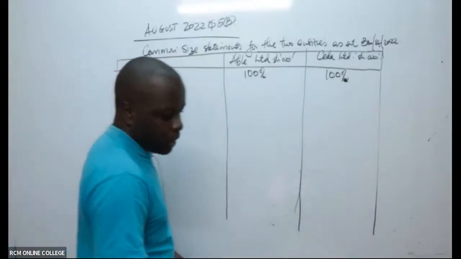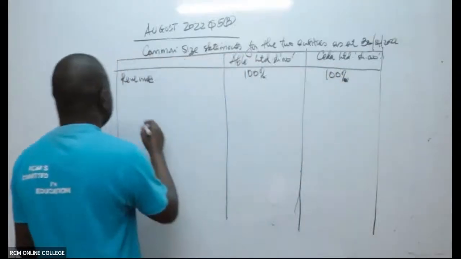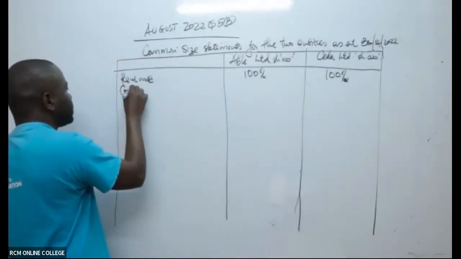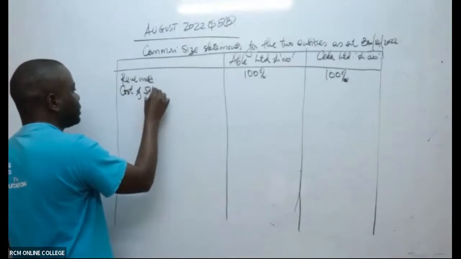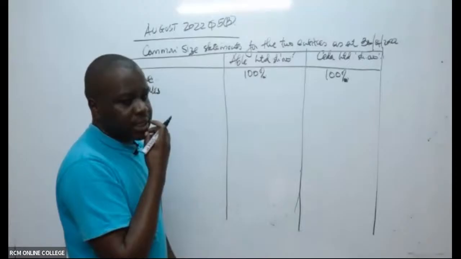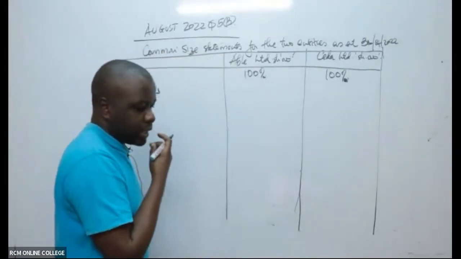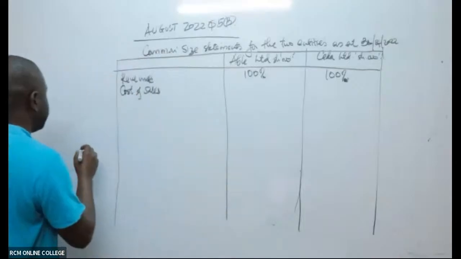So we have our cost of sales. You can get the cost of sales in terms of percentage. In terms of percentage, how much will it be? You do your computation.